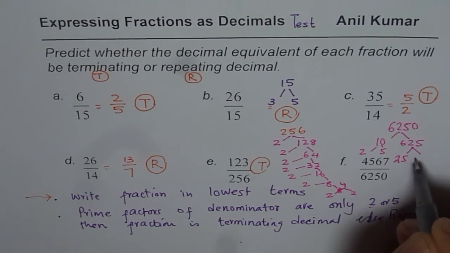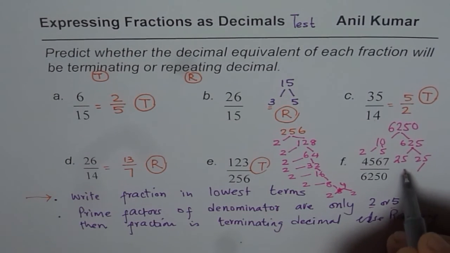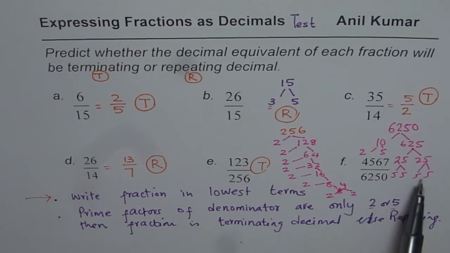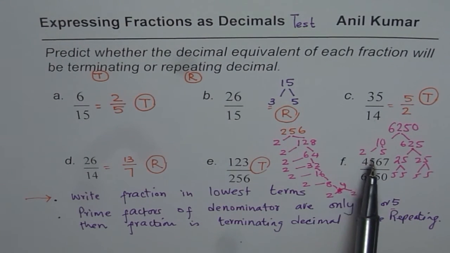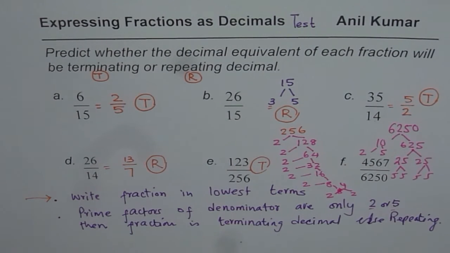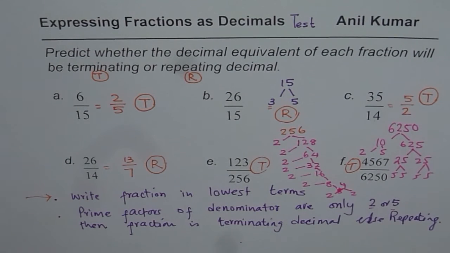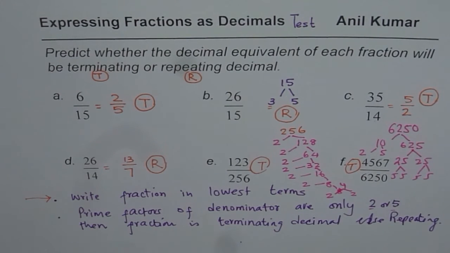It is 25 times 25. And 25 has 2 factors, 5, 5. Do you see that? So what we see here is all the factors are 2's or 5's. And therefore, that should be a terminating decimal, right? So this fraction results into terminating decimal.